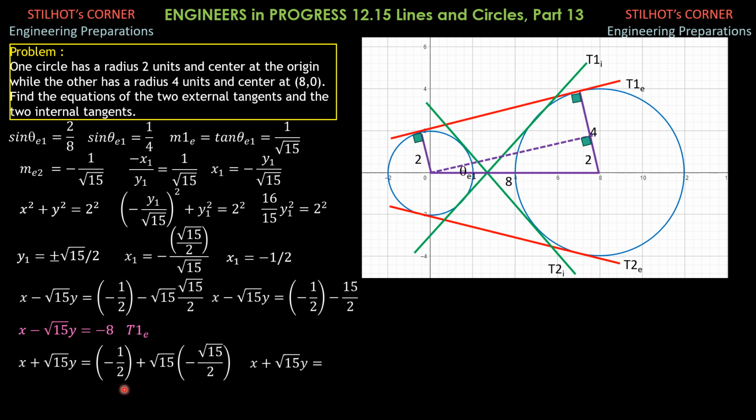So x plus square root of 15 y equals negative 1/2 minus 15/2. So x plus square root of 15 y equals negative 8. So that's the external tangent 2.